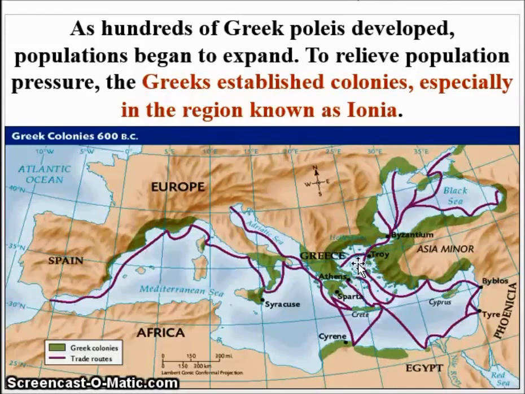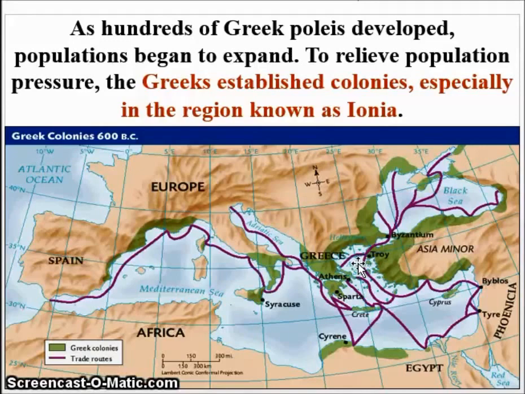So what happens over time, of course, is that you get this vast economic network to develop throughout the Black Sea, the Aegean, into the broader Mediterranean. And this, of course, will facilitate an economic expansion of just about every Greek city-state's economy.